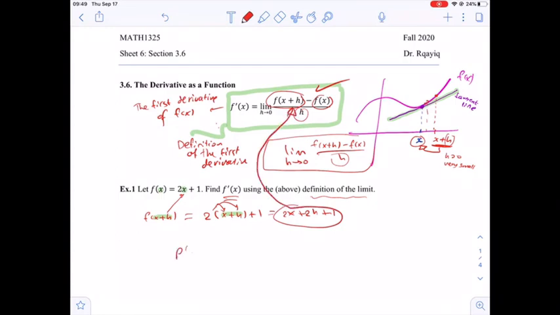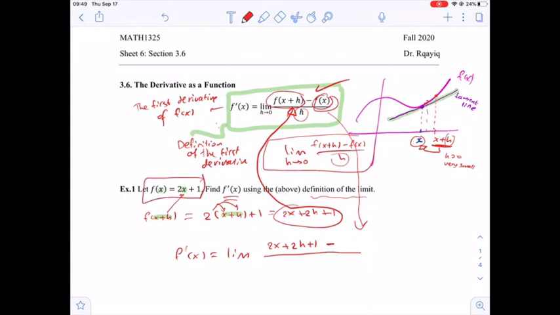So let's apply the derivative formula. We have the limit of f of x plus h, that is 2x plus 2h plus 1, minus f of x. What is f of x? f of x is the original function, 2x plus 1, and it's better to use parentheses here so that we don't miss the negative sign.